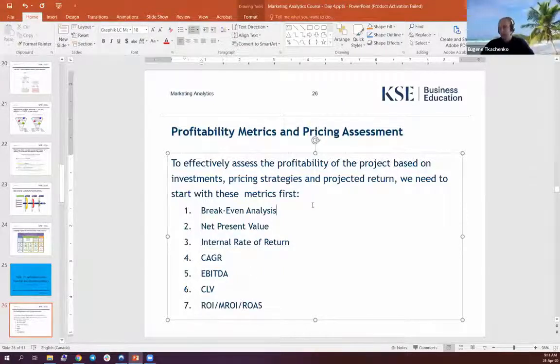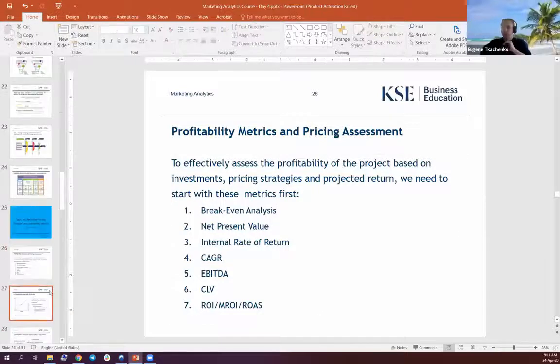So overall, if we're talking about assessing the profitability of any project introduction, originally we start with break-even analysis, and there is a certain methodology in place on how we assess each of those metrics. So why do we use break-even analysis?